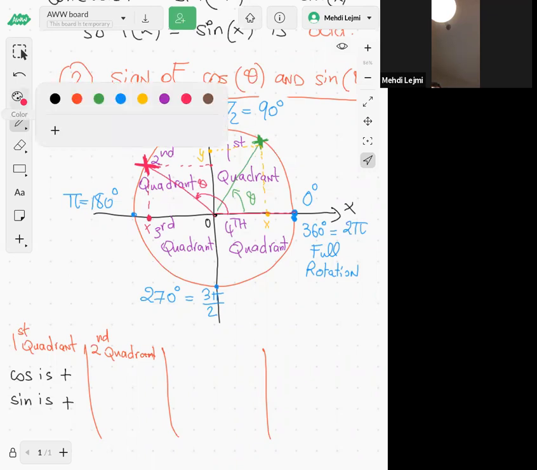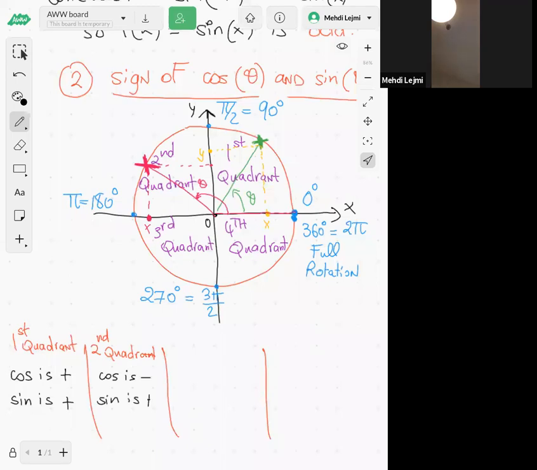So cosine is negative in the second quadrant because x is negative there, and y is positive in the second quadrant, so sine is positive.